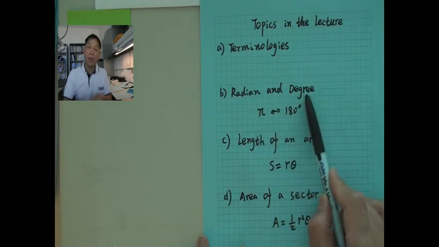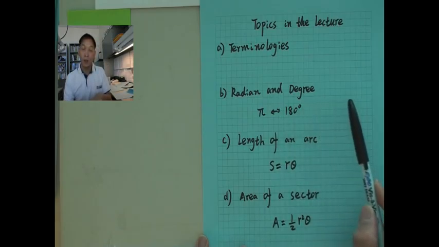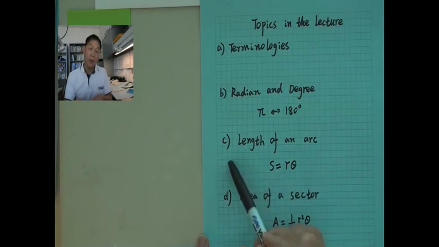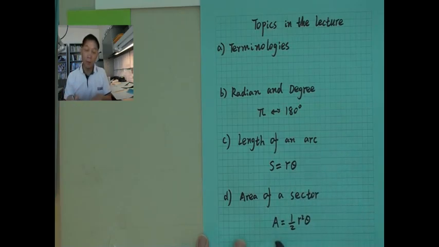Those two are about the measures of an angle. The third one is the length of the arc, and then the fourth one is about the area of a sector.